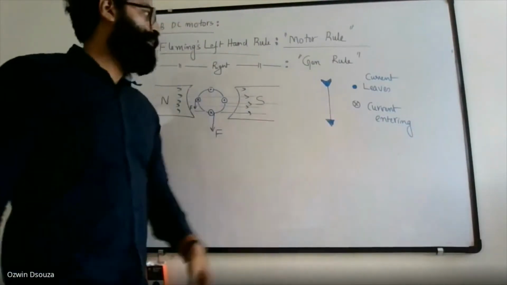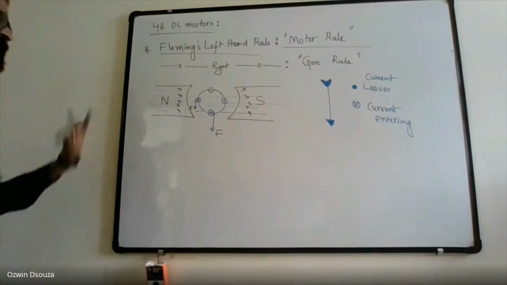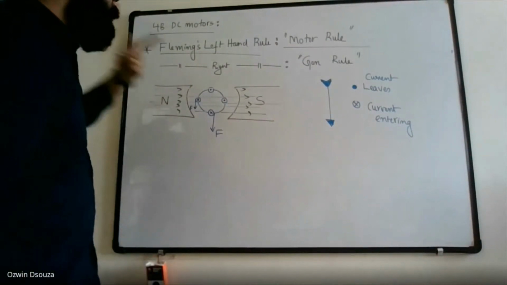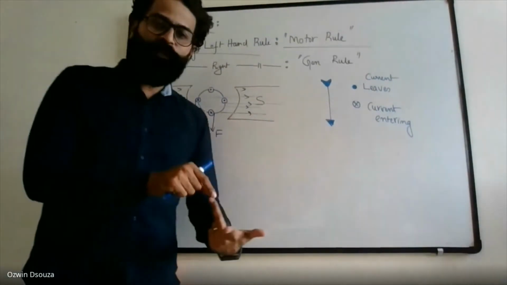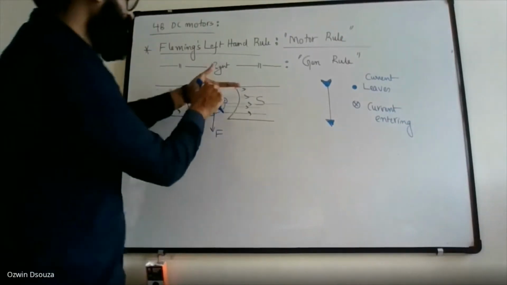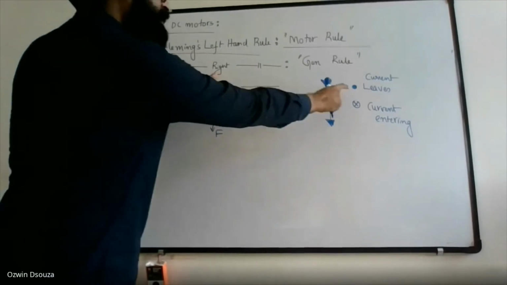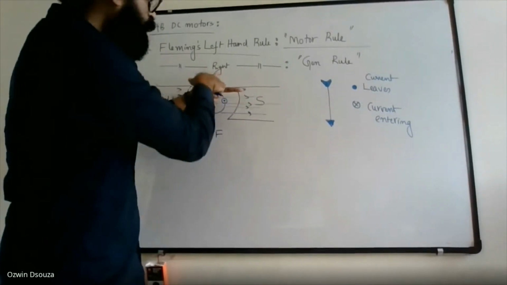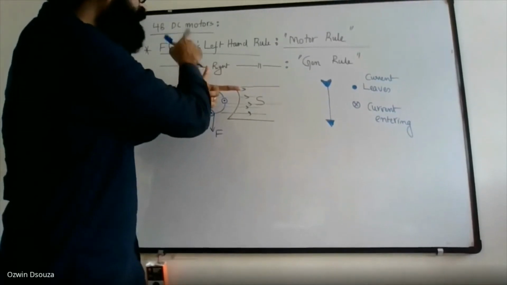Now let's pay our attention to the current which leaves the conductor. How do you visualize the leaving phenomenon? The finger should be pointed towards you. That's what I'm doing. The central finger is pointed in the direction of leaving current, forefinger along the direction of flux, and the thumb gives the direction of motion.